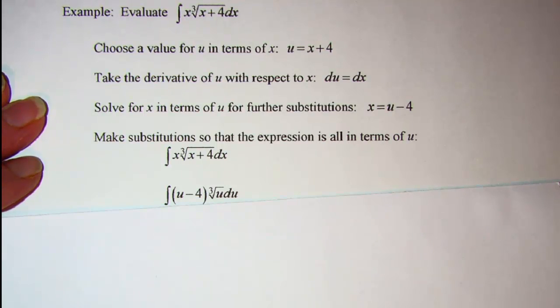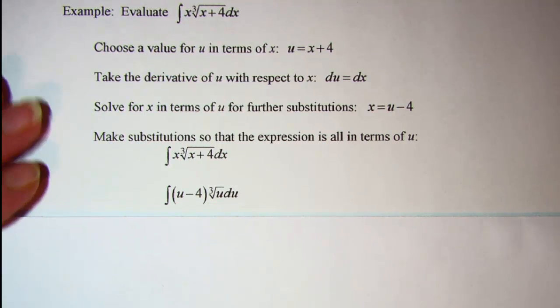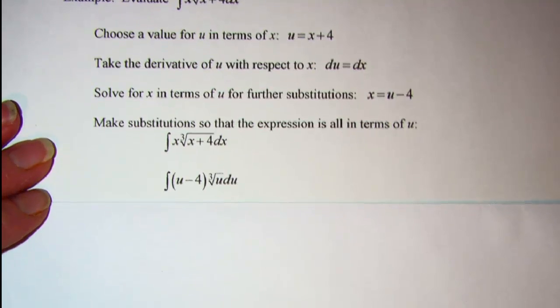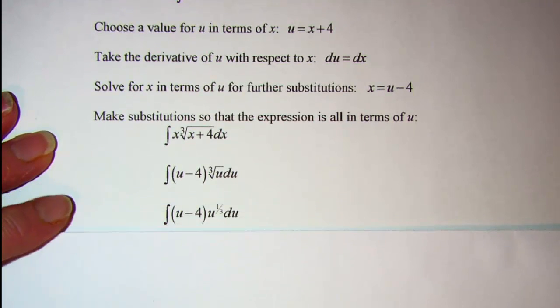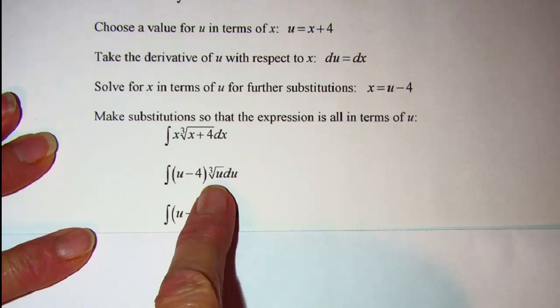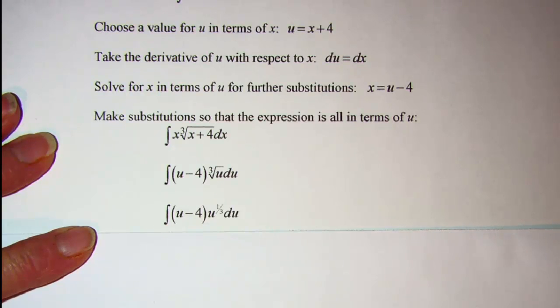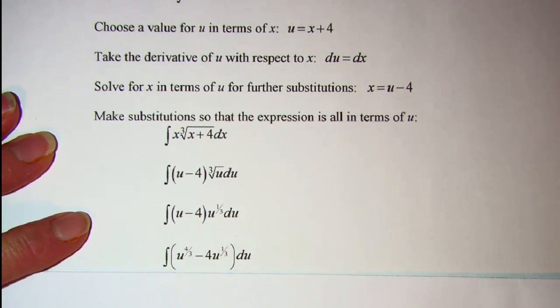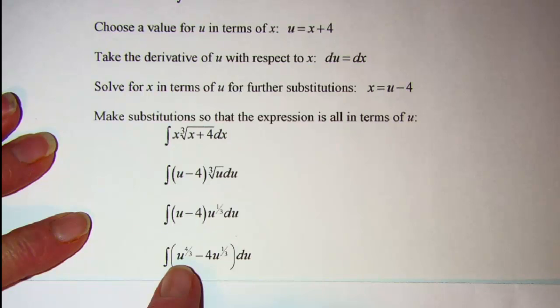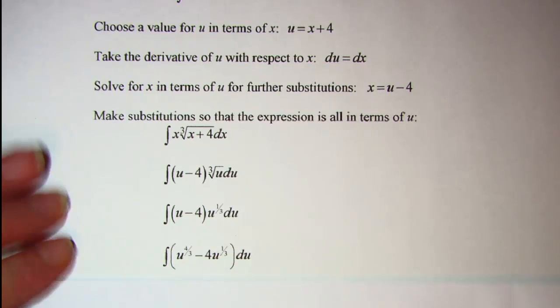Now I have an expression that's all in u, but I really need to simplify it some before I integrate. So I'll write my cube root with an exponent of 1/3, and then distribute that u to the 1/3. So now I have u to the 4/3 minus 4u to the 1/3, just to integrate this expression.